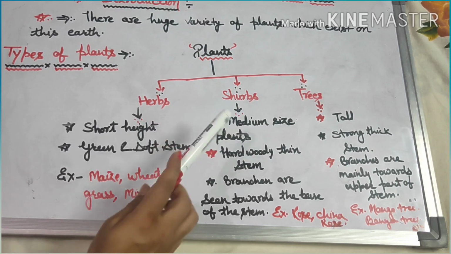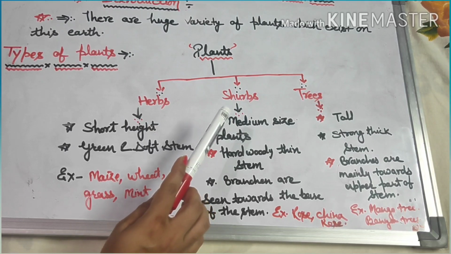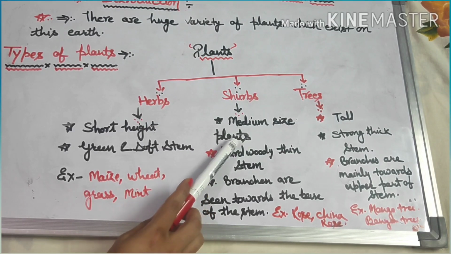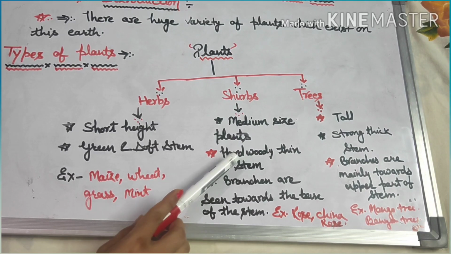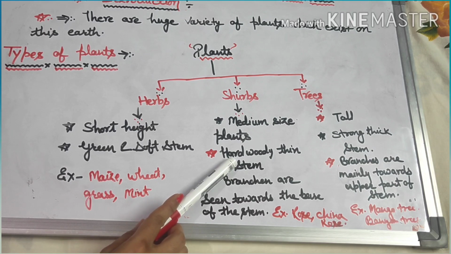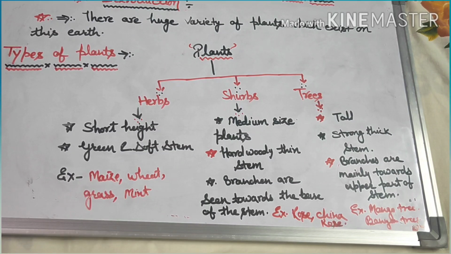Now if we talk about shrubs, shrubs are medium sized plants, neither too short nor too tall, and they have a hard, woody, thin stem, which can be brown in color. For example, when you look at the China rose, if you look at its stem, you will see its color is brown and it is woody.